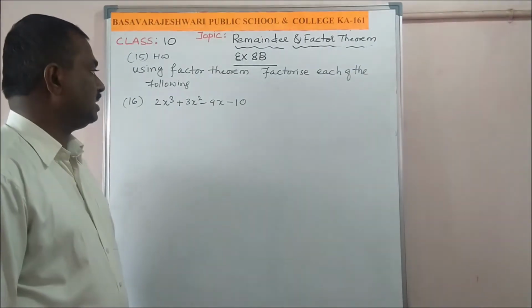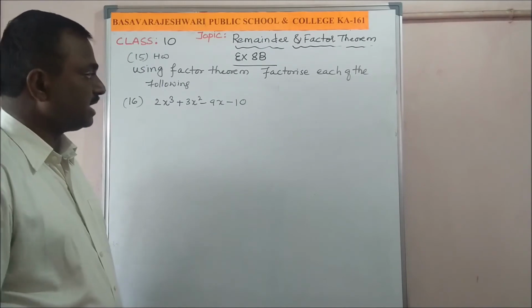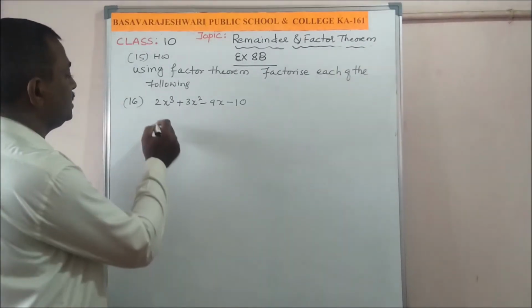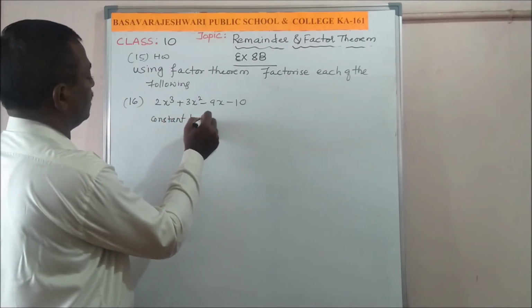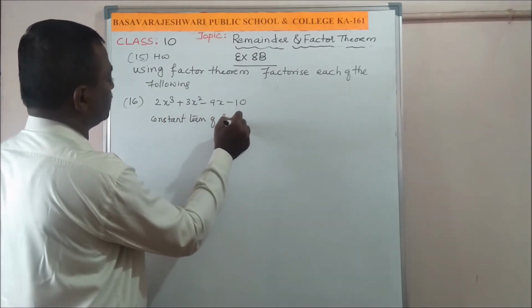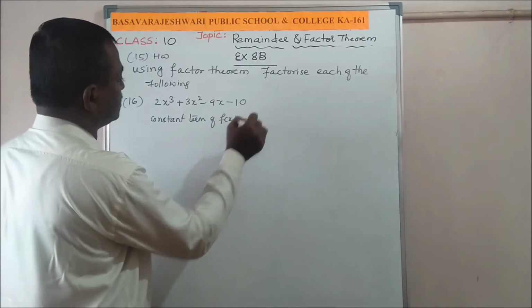16th I am taking 2x cube plus 3x square minus 9x minus 10. Here constant term of f of x is equal to minus 10.